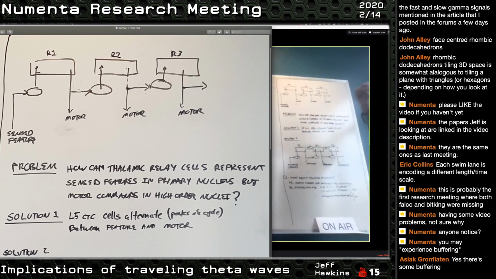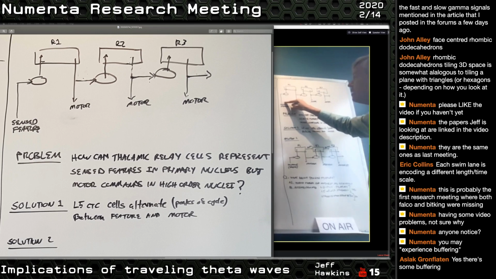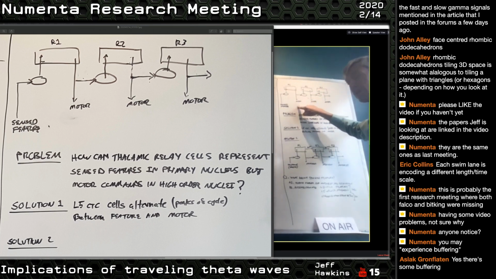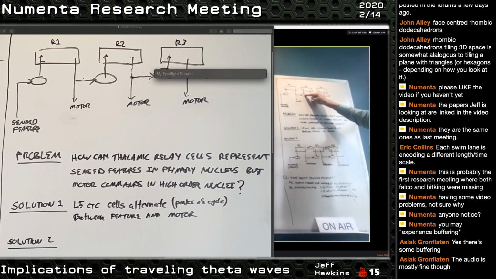The classic view is you have sensory data coming in from your senses. It goes to the first order relay cells in the thalamus, goes to cortex. Layer 5 cells in cortex project out subcortically to a motor-related thing, but the same cell splits, and that becomes the input to the next relay, which goes up to here.